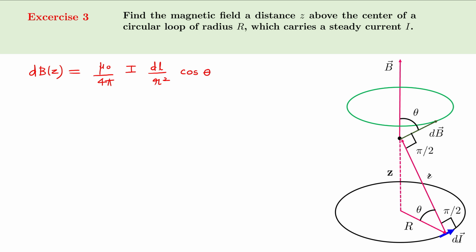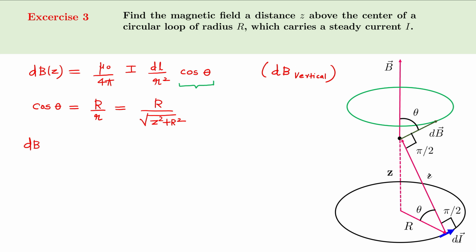And this is the vertical component, that is dB vertical. The term cos theta comes because it is a vertical component. Now from the figure we can write cos theta as equal to r over script r, and that is equal to r over square root of z square plus r square.